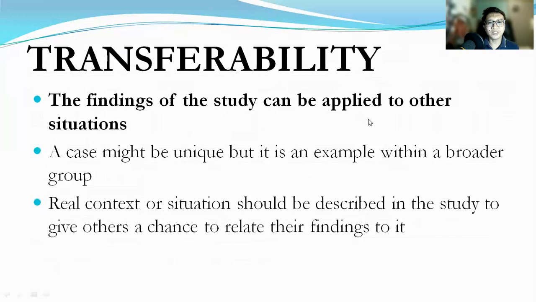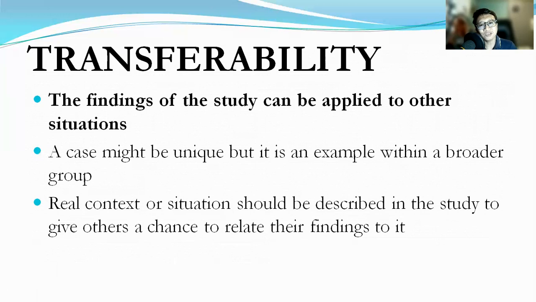Let's proceed to transferability. The findings of the study can be applied to other situations. That's what quantitative research is doing, especially when they talk about generalizability or the external validity of their study.